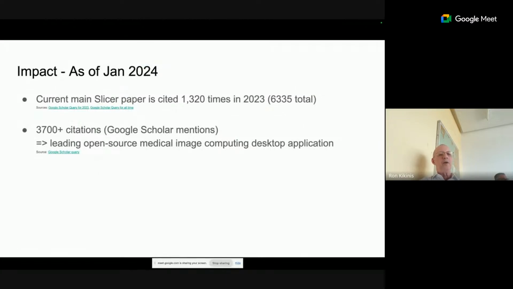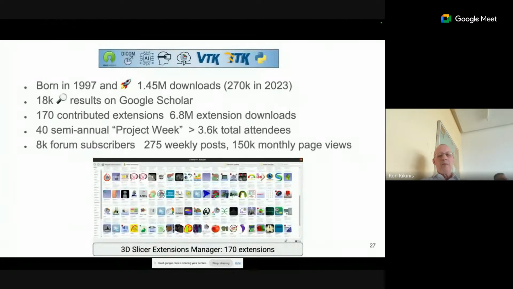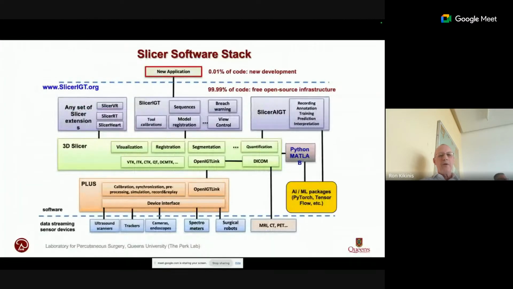It's being used a lot. Just in 2023, if you look for the keyword 3D Slicer, you'll find over 1,300 papers quoting the software. And again, 3D Slicer is a stack of libraries and toolkits.